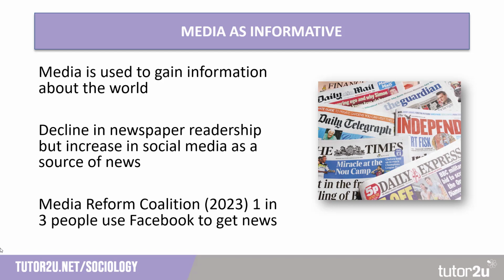The Media Reform Coalition state that over 1 in 3 people use Facebook to find out about news in the world around them, either local, national, or within their own friendship groups. Additionally, over 50% of users of social media subscribe to the BBC website to check news, showing that media is used on a large scale to give people information.